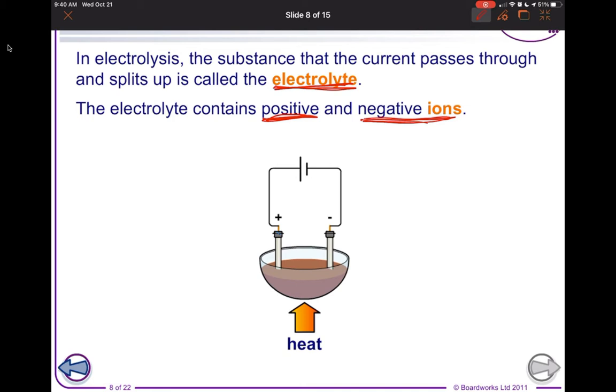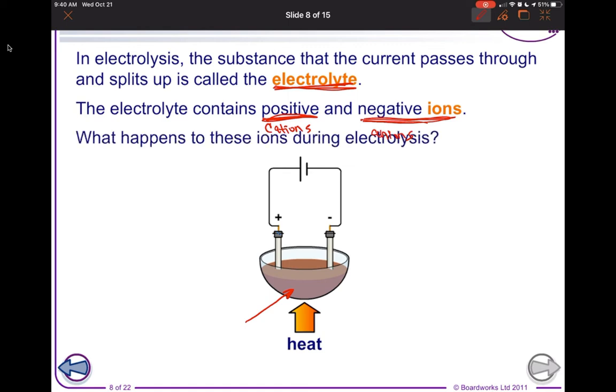Just to refresh, remember the positive ions are called cations, and our negative ions are called anions. So my electrolyte, which in this picture is what that brown stuff is, it has both my positive and negative ions in it, my cations and my anions. So what happens to these ions during electrolysis? That's the whole thing here.